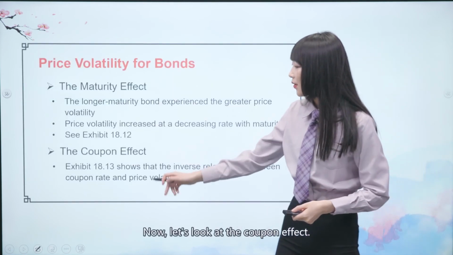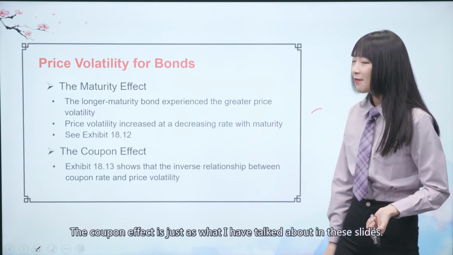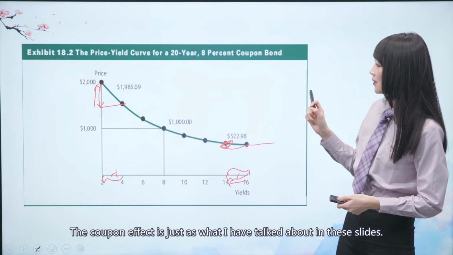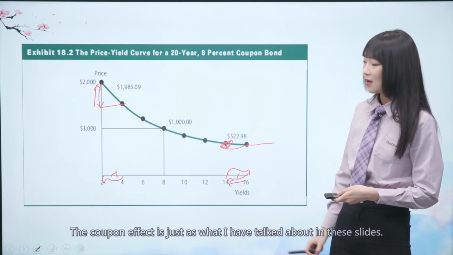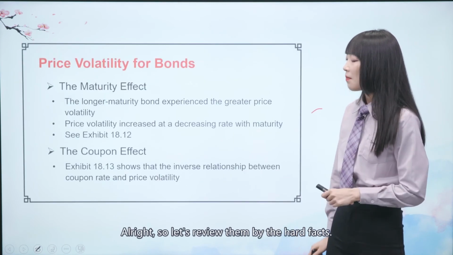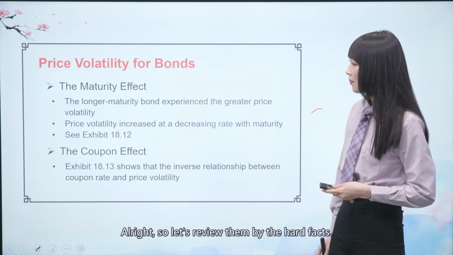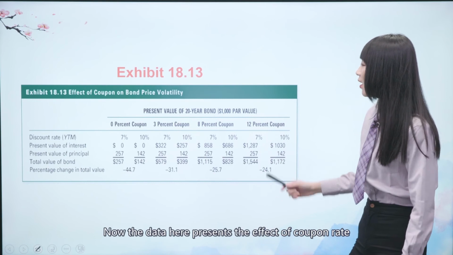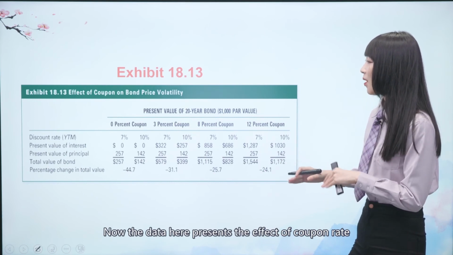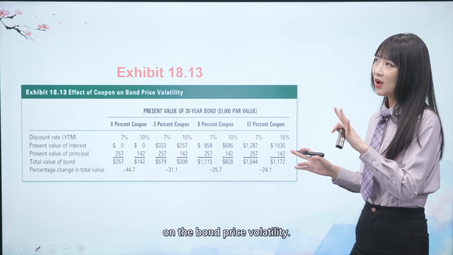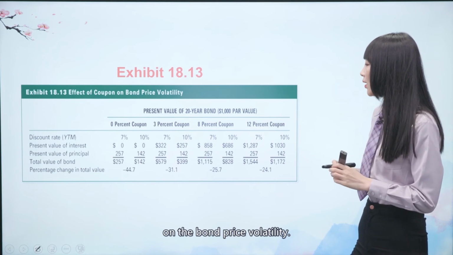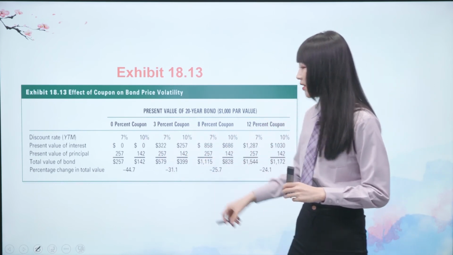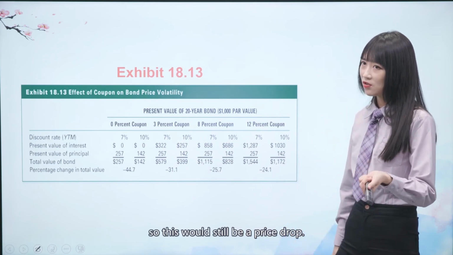Now, let's look at the coupon effect. The coupon effect is just as what I have talked about in these slides. All right, so let's review them by the hard factors. Now, the data here presents the effect of coupon rate on bond price volatility. We still change the interest rate from 7% to 10%, so this would still be a price drop.